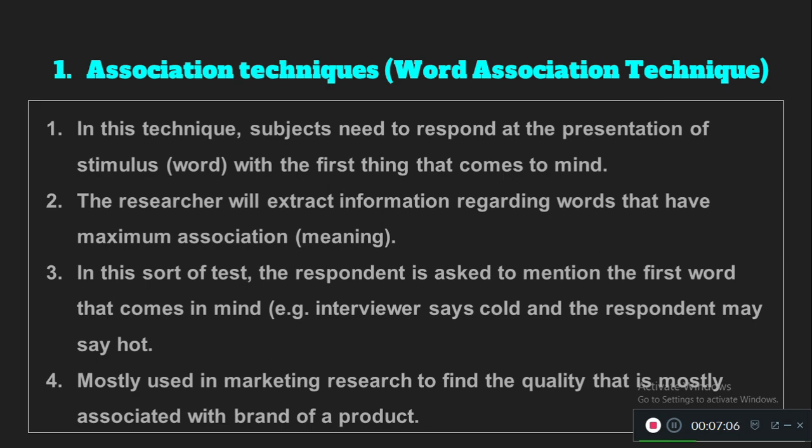So we can understand that compared to all other brands, that phone has high quality product features with less cost. So this association technique is used to find the customers' feelings towards a product in marketing research.